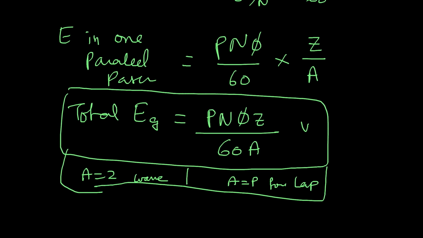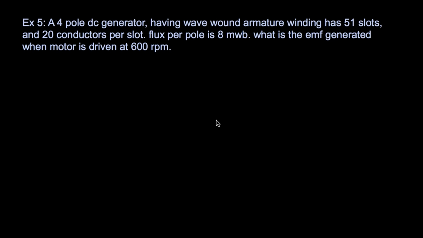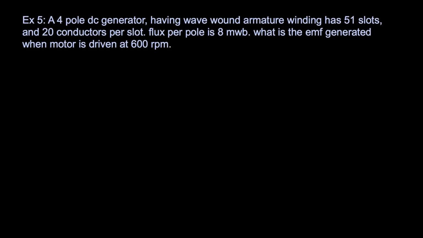Let's work out some problems on this. So based on the previous explanation, let's try to solve this problem. The data given is a 4-pole DC generator. So therefore what I know is P equal to 4, having a wave wound armature winding. So if it is a wave winding, that means the number of parallel paths A is nothing but 2.